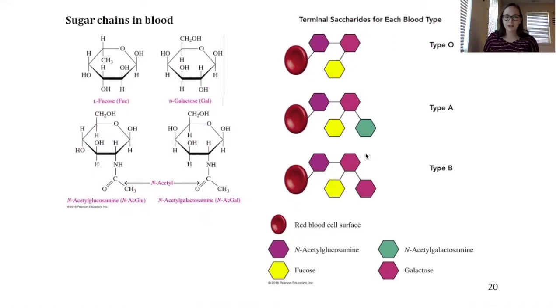You hear a lot about how type O is the universal donor. They can give blood to anybody, whereas type A and type B are not exactly like that. Talking about these sugars on the end is absolutely critical in healthcare.